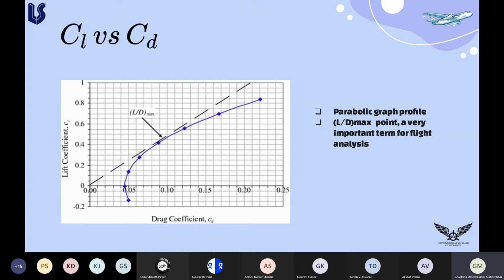And the second thing is that the slope of the graph is maximum at this point. Okay, so here the L by D is maximum, and L by D is very important for analysis and performance of aircraft.